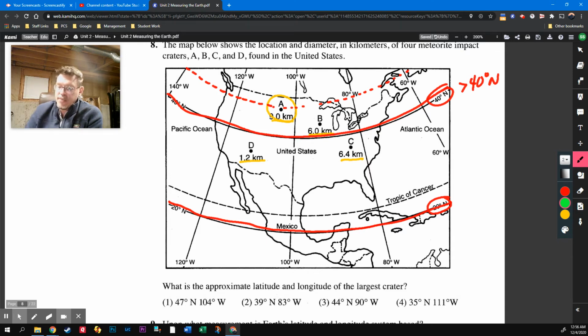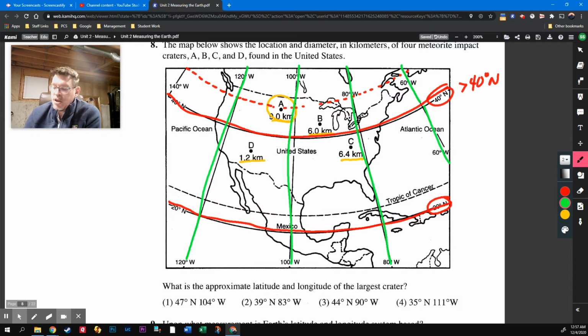So if I look at these lines here, they're labeled with a west, and longitude measures west or east. So these are definitely our meridians. If I were to continue them up, going farther up the page, they would crisscross, they would intersect at the North Pole. They are not parallel.